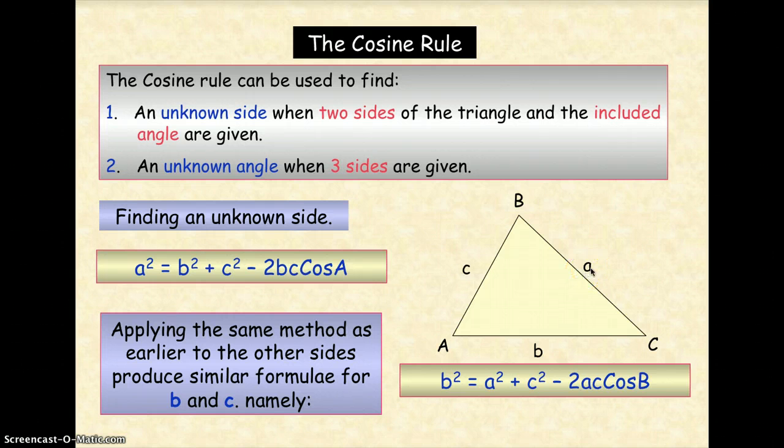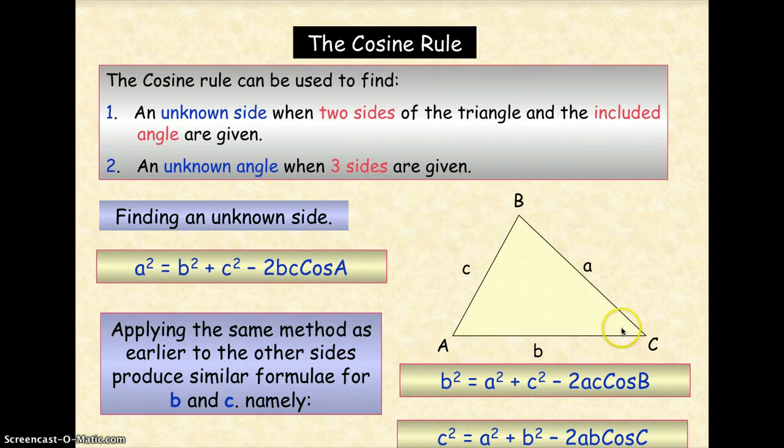It doesn't matter which one is side A or side C, as long as you are given two sides and the angle opposite to the missing side. So when the missing side is C, the angle opposite to it, angle C, should be given to you. You should know the value of angle C.